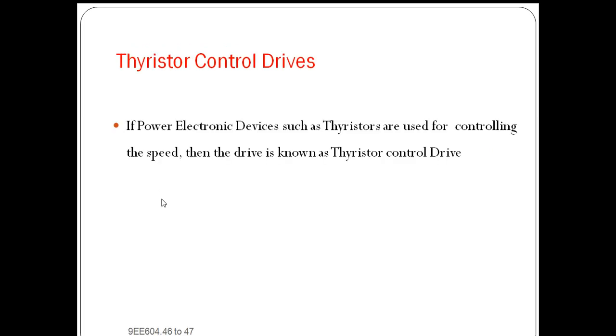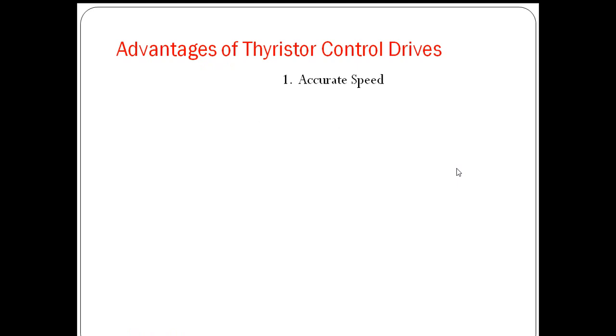We are going for thyristor control drives for operating at desired speeds with more reliability. Thyristor control drives operate with power electronic devices. If power electronic devices such as thyristors are used for controlling the speed, then the drive is known as a thyristor control drive.